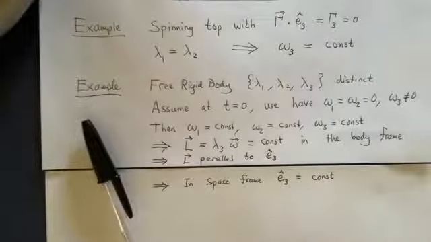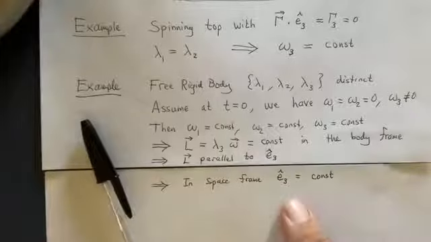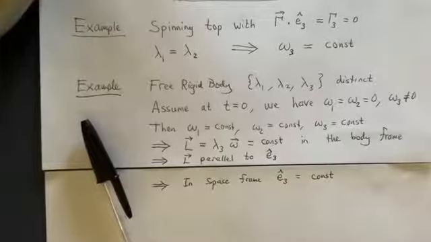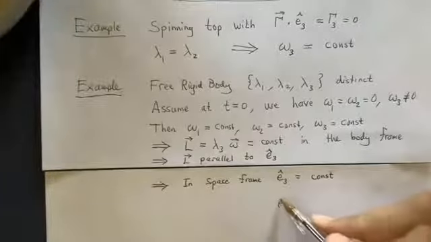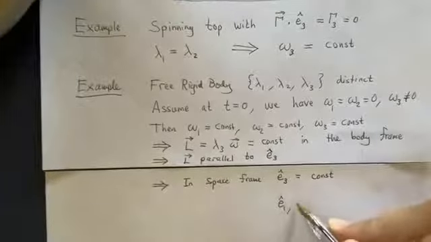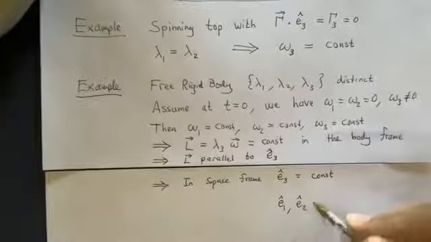And remember, you can think of sticking a toothpick into a potato, for example. This is what you should think about. These E hat 3 unit vectors, they're stuck to the body. And we know this one is constant. The other two are not constant, right? They revolve around. So E hat 1, E hat 2, not.